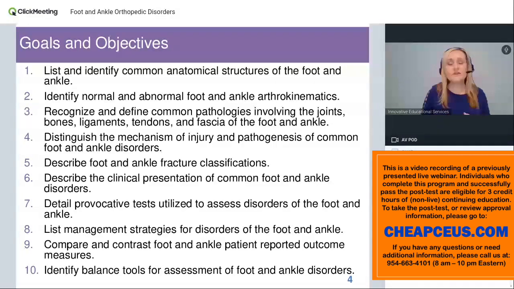And while we specifically don't discuss protocols for each condition, by understanding the mechanism of injury and the tissues involved, we'll look at specific activities, exercises, stretches, and components of our rehab programs to either include or avoid until later on in rehab, so that we can really be specific in the development of our programs for patients with these different foot and ankle pathologies.